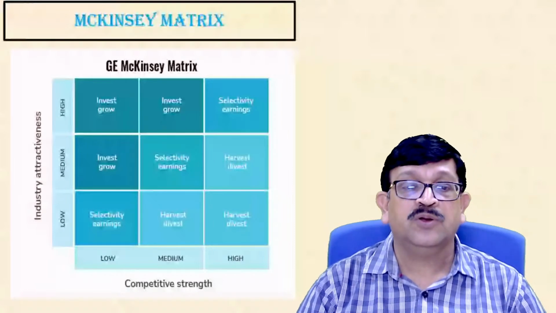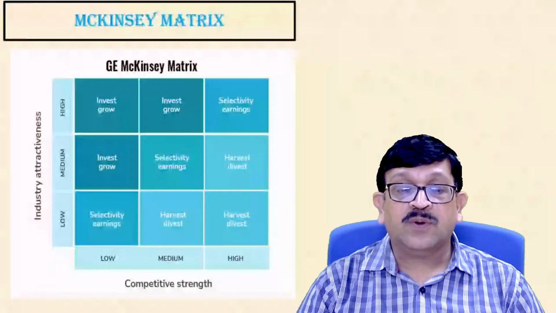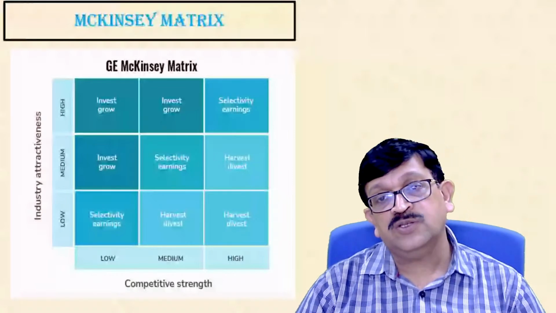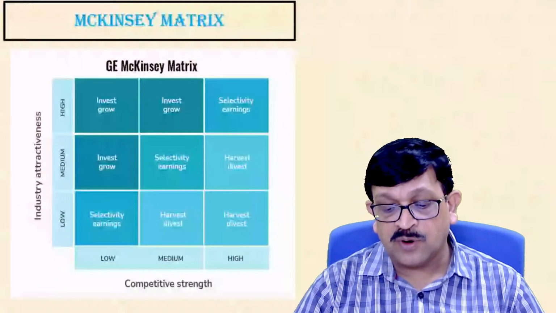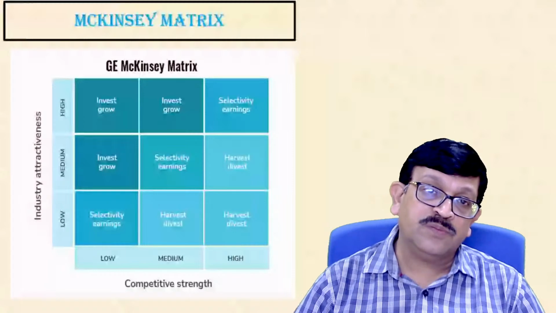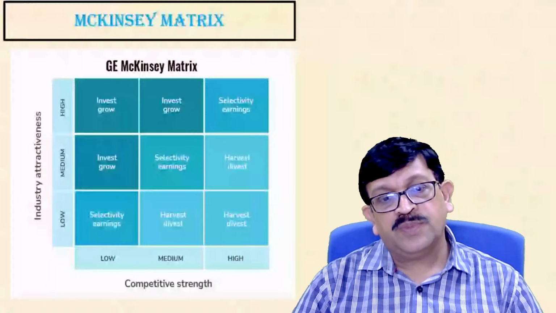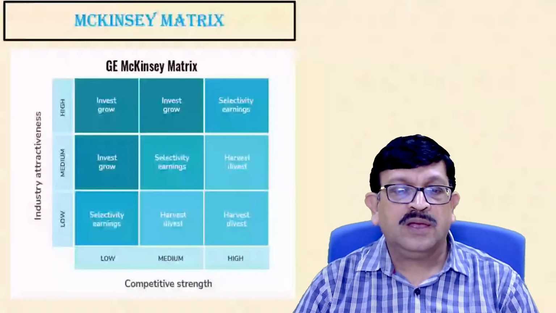Of course, when you're talking about your competitive strength, you have to understand what kind of market share you are looking at, how much is your brand strength, how much you are pitted against your competitors, how deep is the marketplace that you've got, what kind of technology innovation you factor in when assessing your competitive strength. Based on that, again, it can be categorized into low, medium, and high.